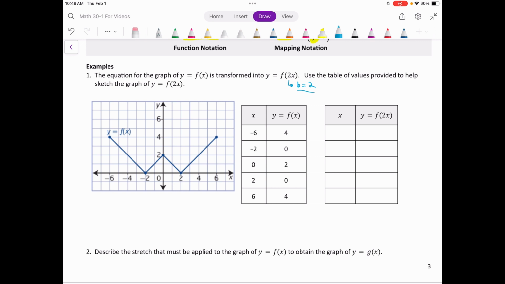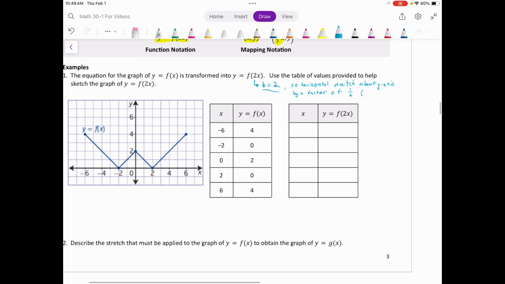If b is 2, then the horizontal stretch about the y-axis is by a factor of not 2, 1/2. So literally all that means is we multiply each x value by 1/2, or by 0.5 if you prefer.